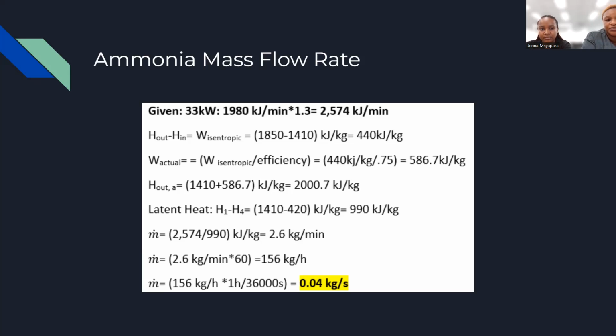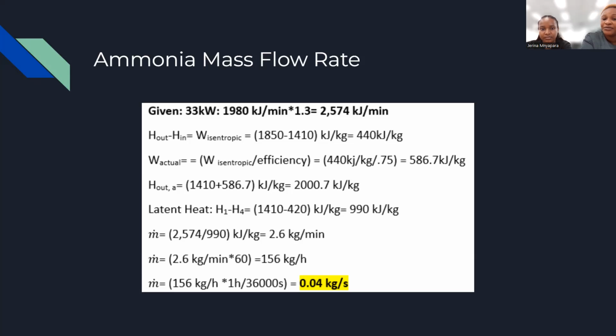And then from there, we tried to calculate the mass flow rate by first multiplying the thermal load by the safety factor, which is 1.3, and then we got 2,574.